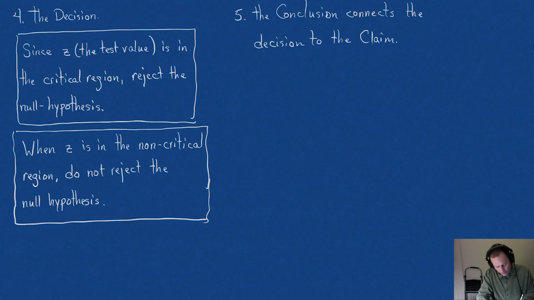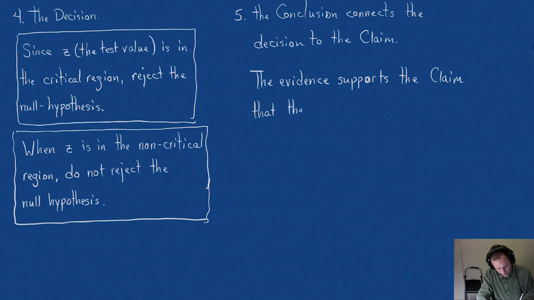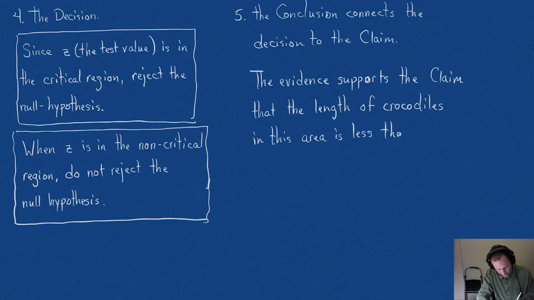So in this case, what we would say is the evidence supports, that's the key word, supports the claim that the length of crocodiles in this area is less than 14 feet.